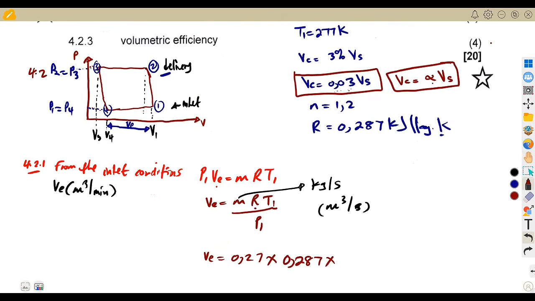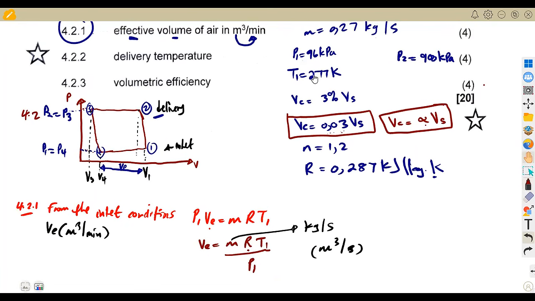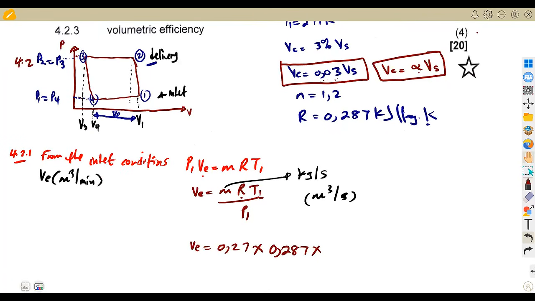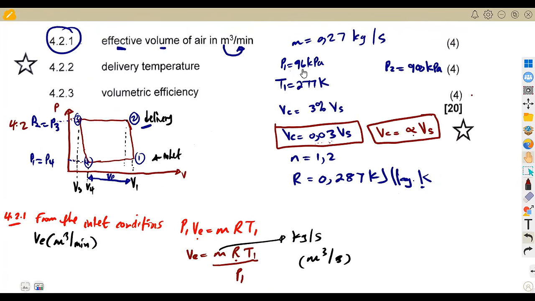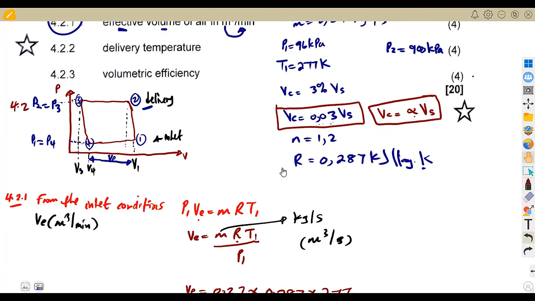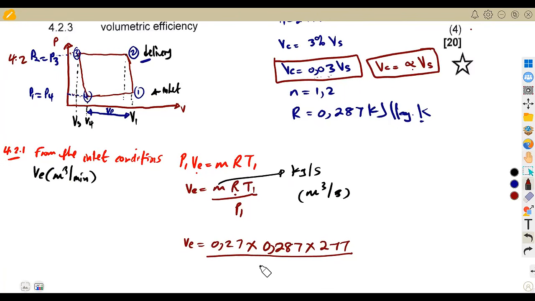Remember, this is per Kelvin. So we use T1, which is 277, over P1, the pressure at the inlet conditions, which is 96 kilopascal.